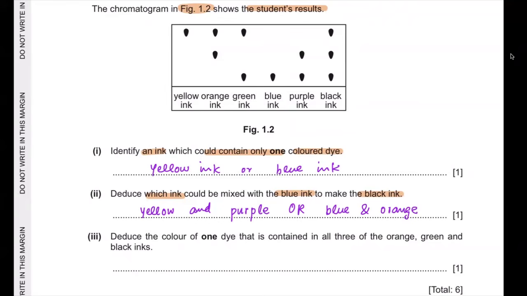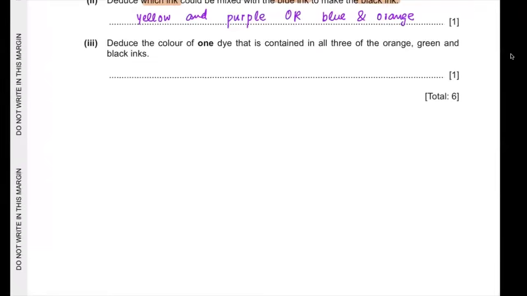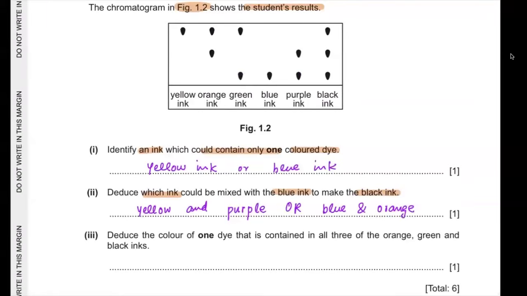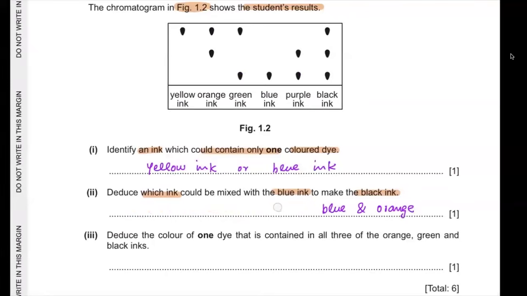Oh, yes. Very good, Saud. So see, we can't go for a purple one because they are saying, yes, Saud has highlighted this thing, which ink could be mixed with the blue ink to make the black ink. So one is going to be the blue ink. So with the blue ink, you can't mix the purple and the yellow inks, right? So with the blue ink, you can only mix the orange ink to make the black ink. So along with the blue, the other ink is going to be the orange ink. Is this clear?